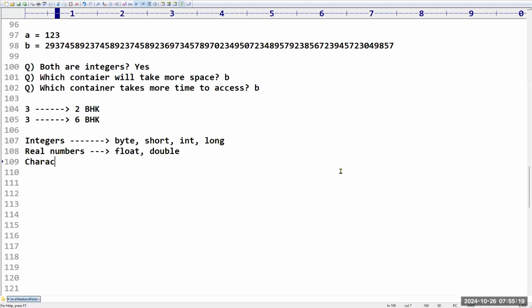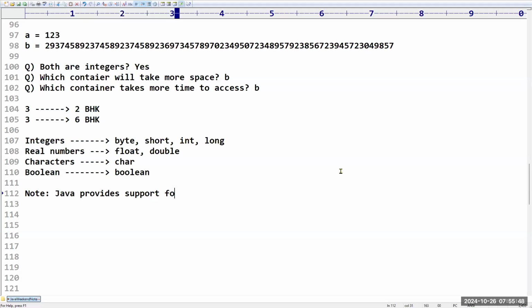Sir, what about characters? Is there any division for characters? Please make sure that for characters there is no division. Only one type is there, which is char. Sir, what about Boolean? For Boolean, there is no division, only Boolean. Sir, how many data types do we have? If you count, we have 8 data types in total.